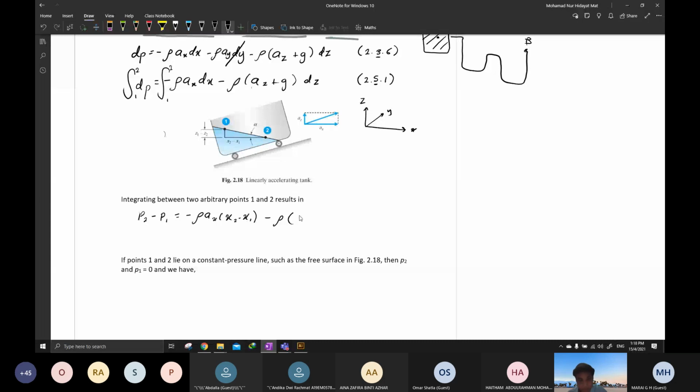Then z2 minus z1. Let's say this is the equation we call 2.5.2. From this equation we extend, this is 1, this becomes 2. This is after integration. We got this equation.